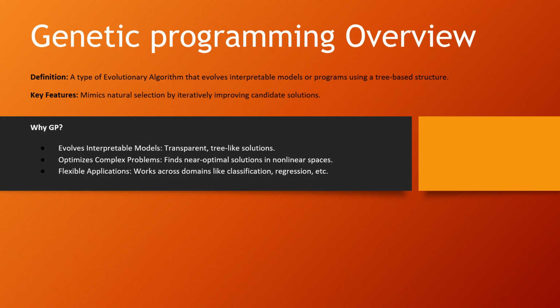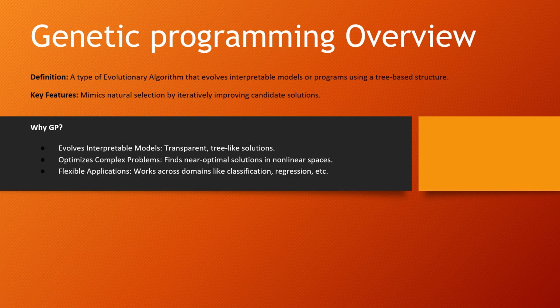What makes GP unique is its ability to mimic natural selection. It starts with a population of random solutions, evaluates how good they are, and then uses processes like crossover and mutation to generate new solutions. These newly generated solutions are better solutions. Over generations, these solutions evolve to become more effective at solving the problem.